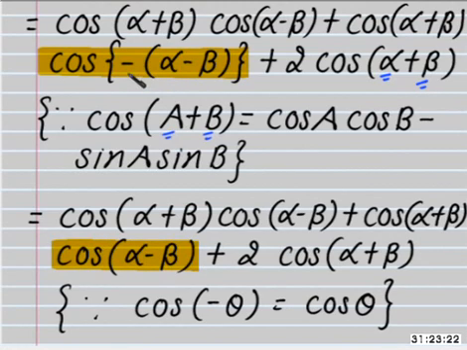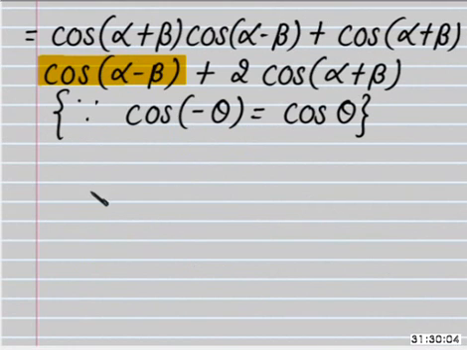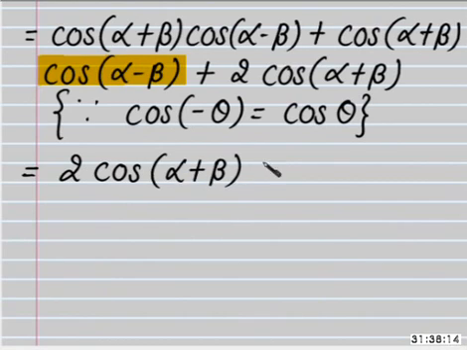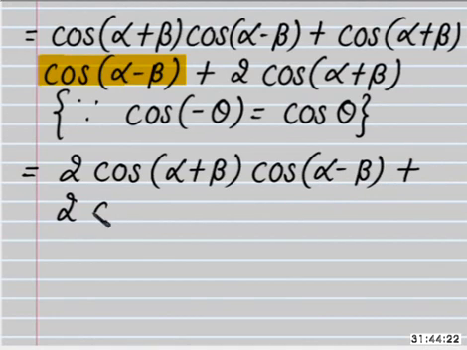So here cos of alpha minus beta will be equal to cos of alpha minus beta. So it is equal to 2 into cos of alpha plus beta into cos of alpha minus beta plus 2 into cos of alpha plus beta.